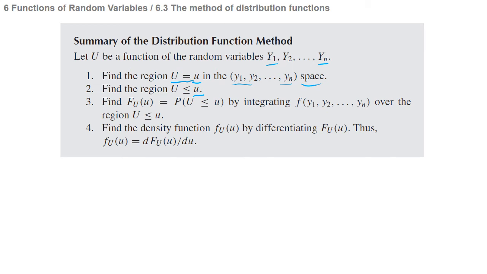Third, find F_U(u) by integrating the joint density function of y1 to yn over the region U is less than or equal to small u. Number 4, to find the density function of U, differentiate large F_U(u) with respect to small u. That's the summary for the distribution function method.